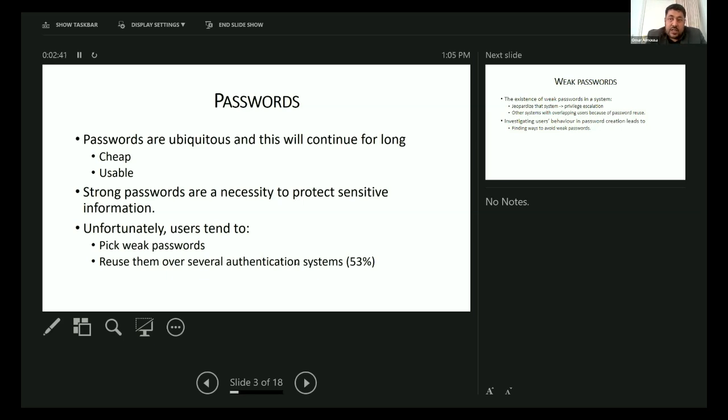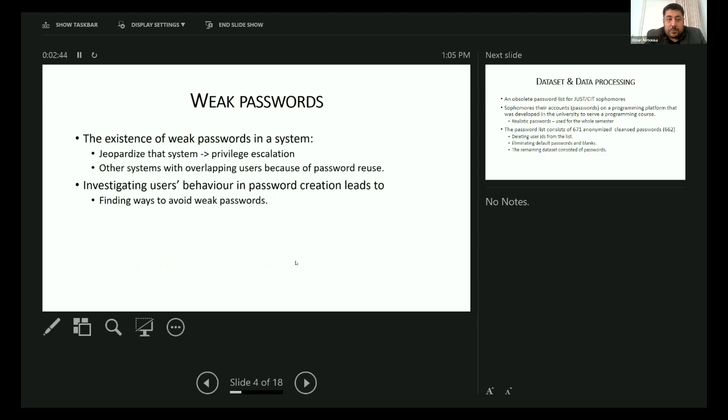So a weak password is very risky on any system, because it may not only jeopardize the system that you are in, but, because of this password overlapping or reuse across systems, it may also put other systems at risk.